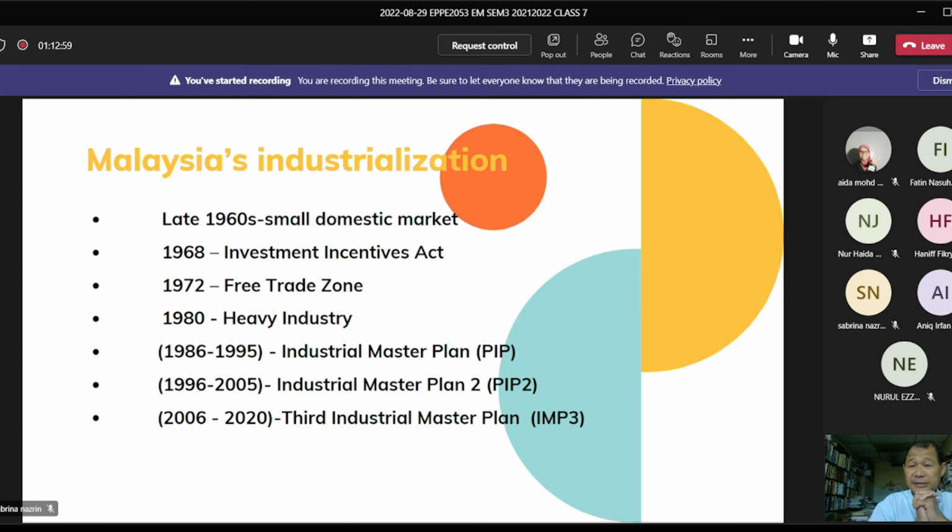That was the 1968 Investment Incentive Act, and that was repealed. No more. Repealed by the 1986 Promotion of Investment Act.